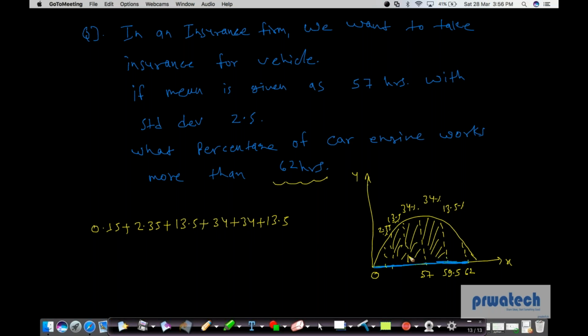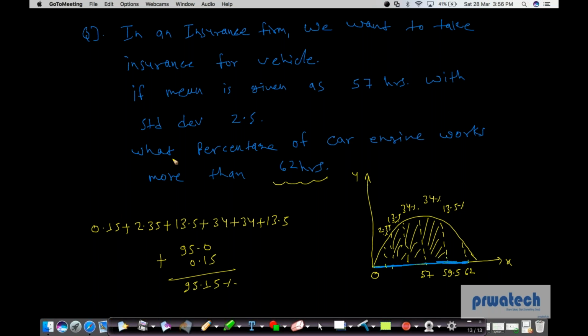Already I know 2 standard deviations above and below is 95. If I add 95 plus 0.15, this is 95.15% from this point to this point.